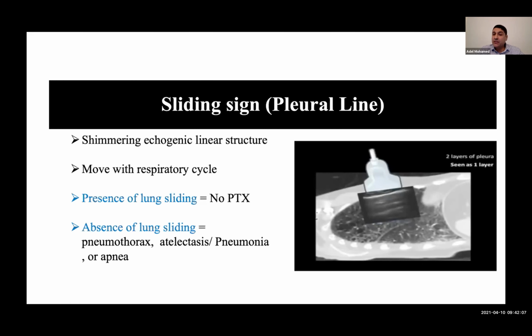Absence of sliding could be pneumothorax, but it could also be a big atelectasis, a big pneumonia, or the patient, even in adults and children, is apneic. If you hold your breath and you scan, definitely the lung will not be sliding and you will not see the sliding in this situation.